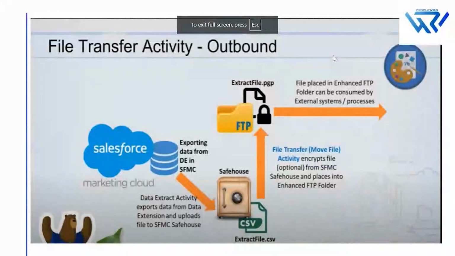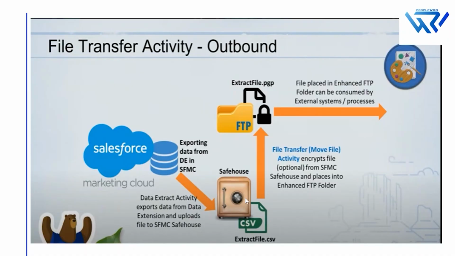The data can be found in a safe house. Now what is a safe house? A safe house is a virtual directory like SFTP, but you do not have access to it. For SFTP you have credentials to log in and perform functions. But Safehouse is a virtual directory inside Salesforce Marketing Cloud, which you do not have access to.